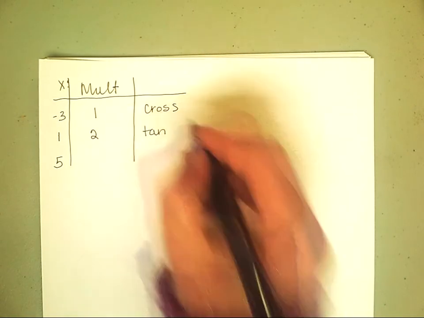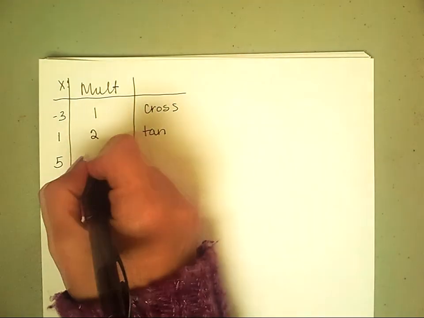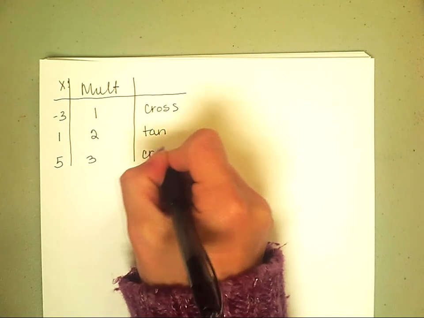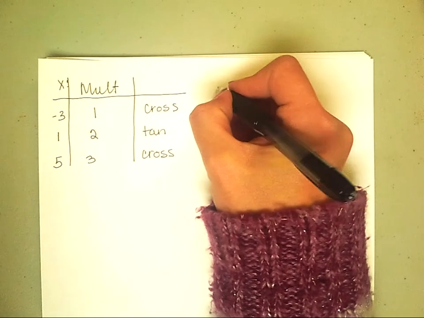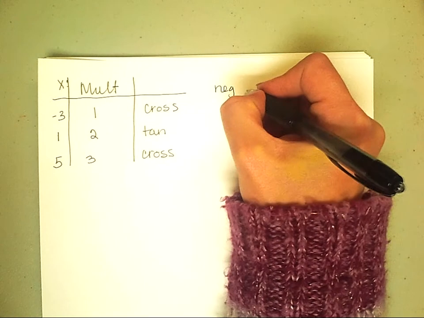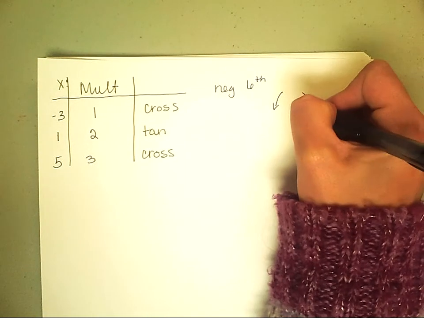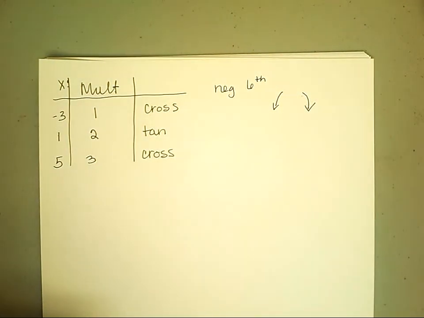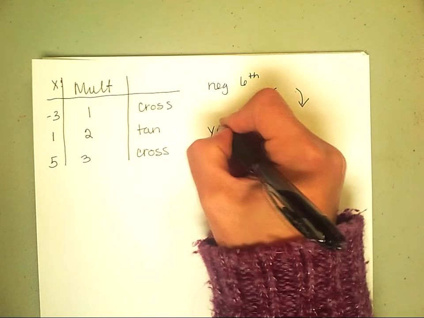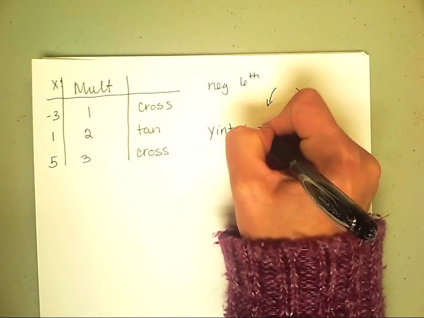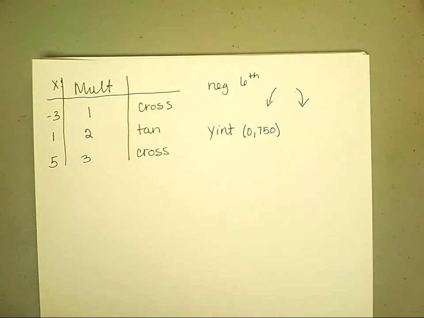The multiplicity of 1 is 2, so it will be tangent. The multiplicity of 5 is 3, so it will again cross. We have a negative 6th, so that means the end behavior will have to look like this. And we have a y-intercept of 0, 750.